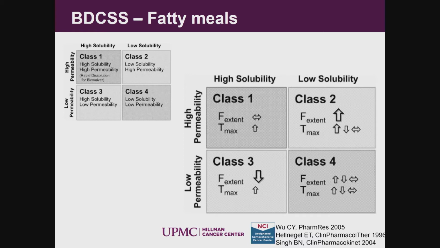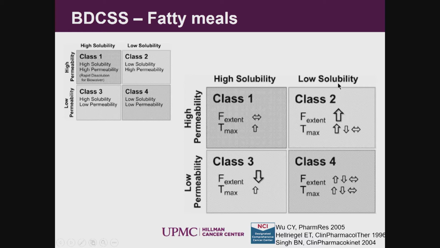So extending the BDCSS classification system to this food effect, fatty meals. For a class 1 compound, the extent of absorption doesn't change much, but because gastric emptying is slowed, the maximum concentration will often be increased. For class 2 compounds, the extent will go up.